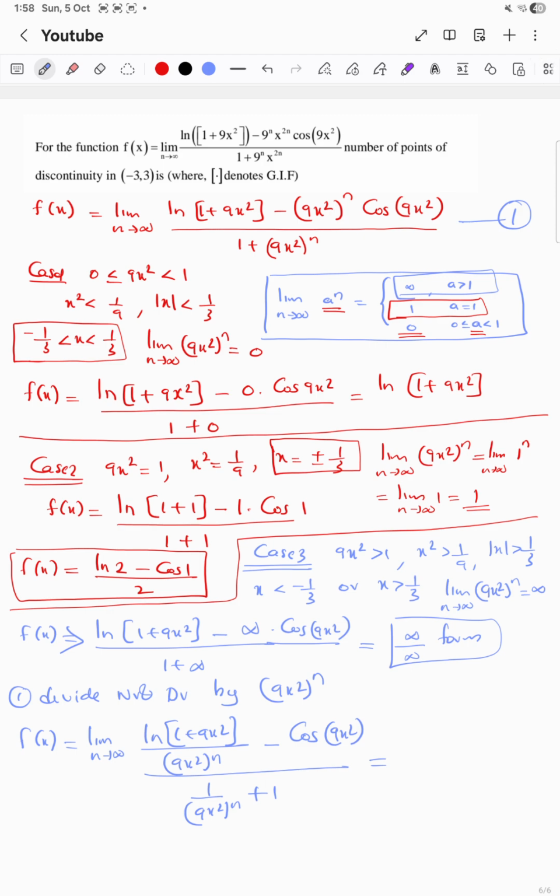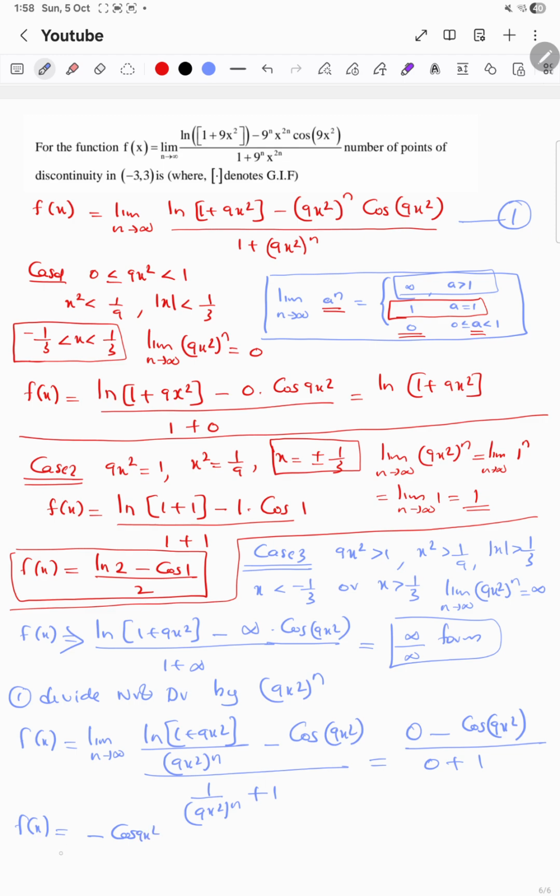Numerator is log 1 plus 9x square. It will be a finite value. Finite value by infinity. Finite value by infinity will be 0 minus cos 9x square by 1 by infinity will be 0 plus 1. So you got your f of x, which is minus cos 9x square.